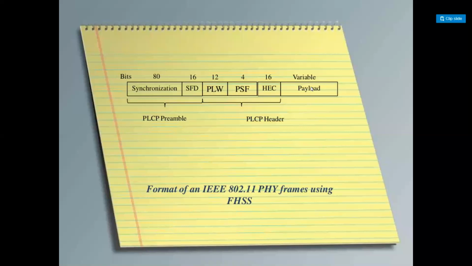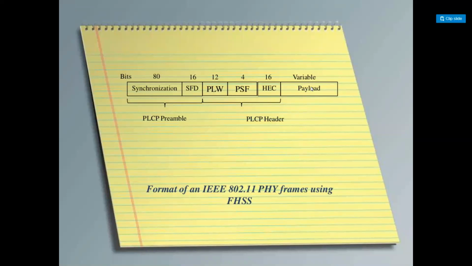Next one is the HEC. HEC means header error check. As I told you, the error check means CRC, that is, error detection and error correction; all this information resides in the header field.